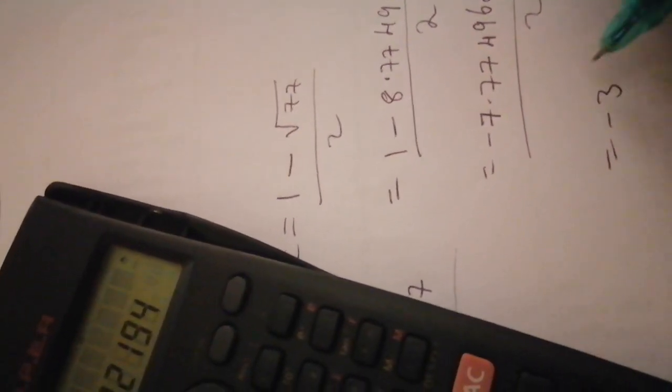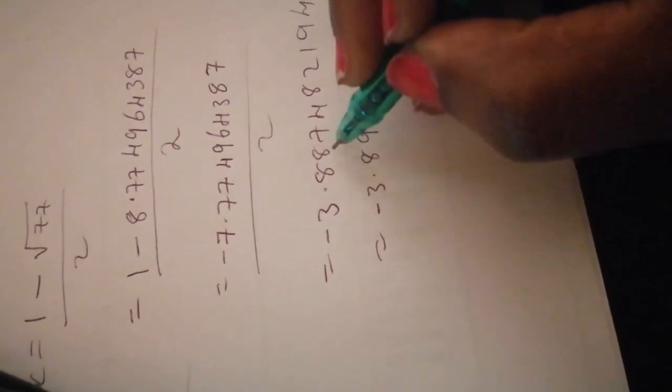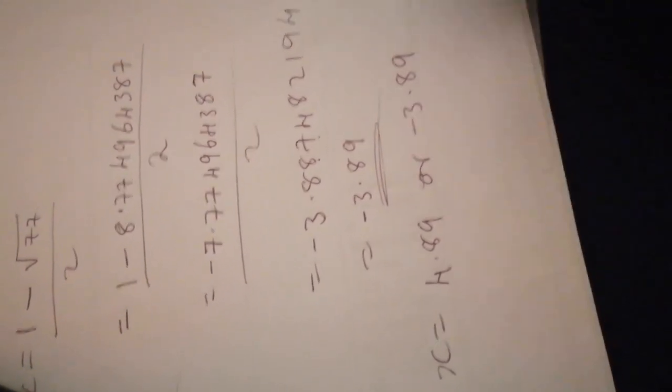So this number divided by 2, we have negative 3.887482194. Writing to 2 decimal places, negative 3.89. We need to end here. 7 is above 5, so we add 1. Therefore, x is equal to 4.89 or negative 3.89.